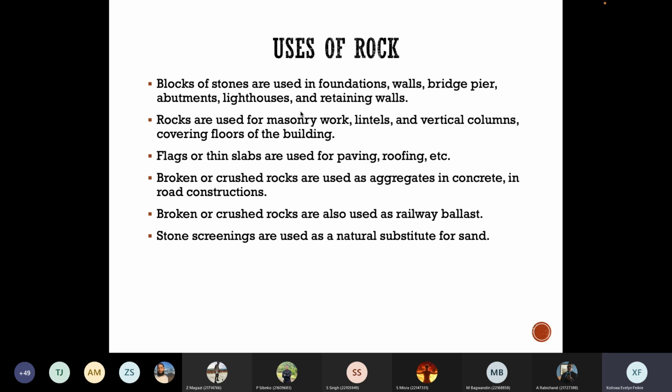Flag or thin slabs are used for paving or roofing. Broken or crushed rocks are used as aggregate in concrete and road construction. Broken or crushed rocks are also used as railway ballast. Stone screenings are used as a natural substitute for sand.